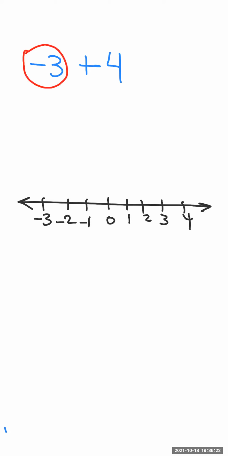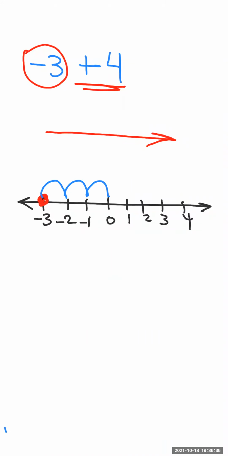Where is -3 on the number line? It's this one. Then plus 4. Positive 4 means move to the right. So 4 places. So now 1, 2, 3, 4. So of course it will equal 1. And actually -3 plus 4 equal 1. Okay, that is how to get the result by using the number line.